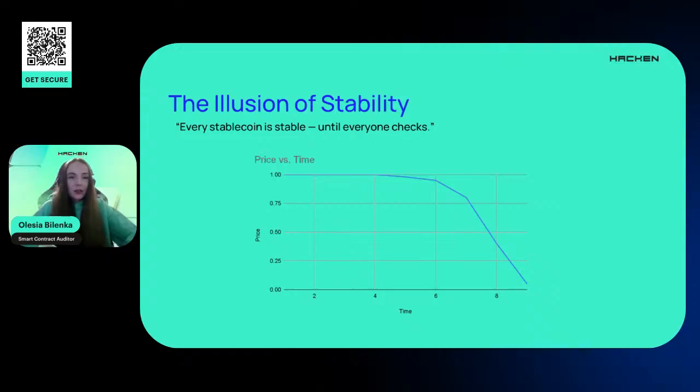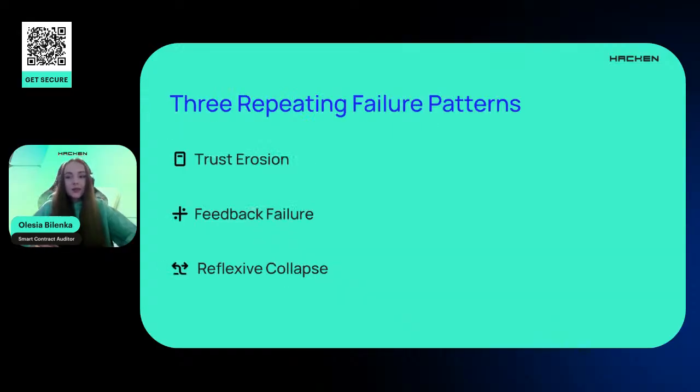Across all stablecoin collapses, we keep seeing the same 3 failure patterns repeat. The first one is trust erosion. This happens when people start to lose confidence even before the actual peg break. The second one is feedback failure. It happens when the system reacts too slowly or too aggressively to the market conditions.